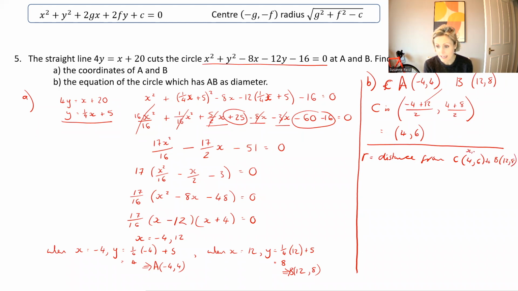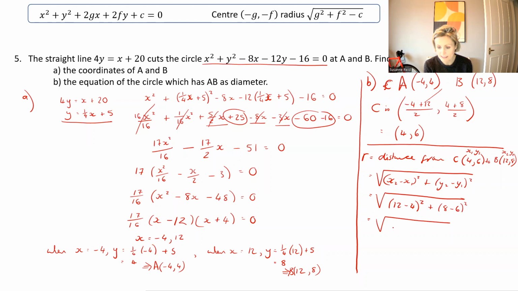So I need to pick one to be x1, y1, and another to be x2, y2 to use my distance formula. The distance formula, remember, is the square root of x2 minus x1 squared plus y2 minus y1 squared. So x2 is 12 minus x1 is 4, squared, plus y2 is 8 minus 6, squared.